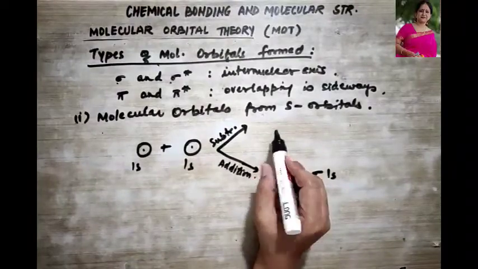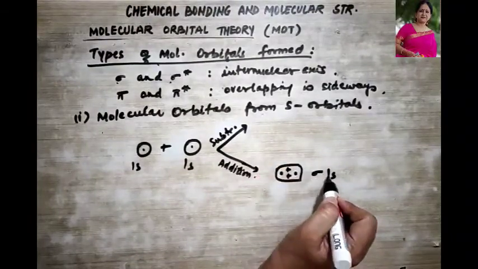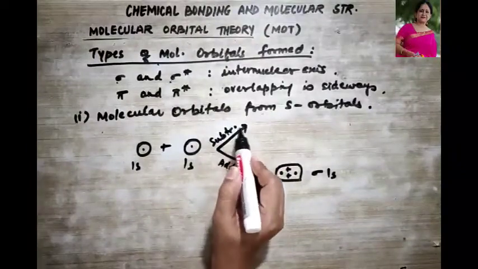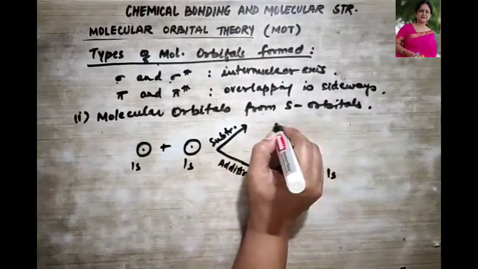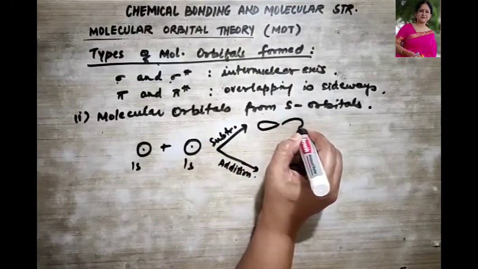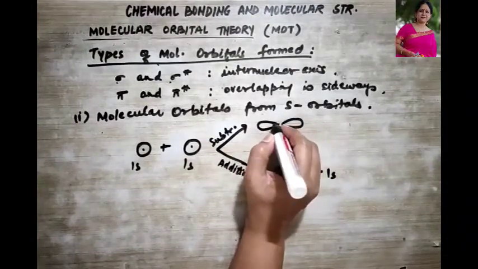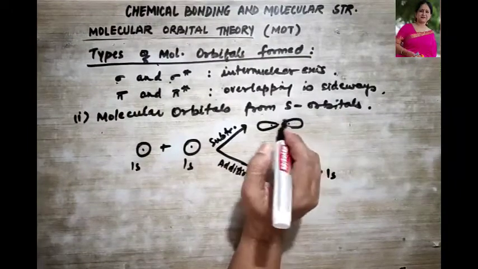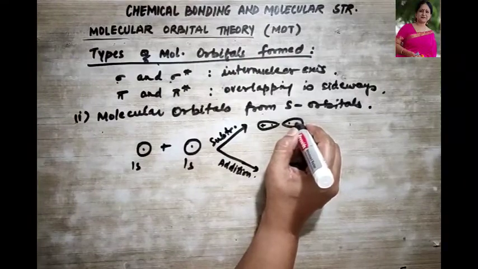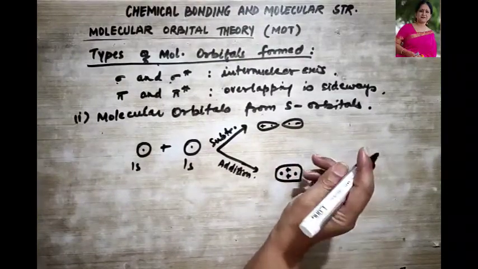And what is anti-bonding sigma 1s? Now when they come together, subtraction takes place. Then in subtraction what will happen? Okay, these are the two, the plus sign here, the minus sign comes here.